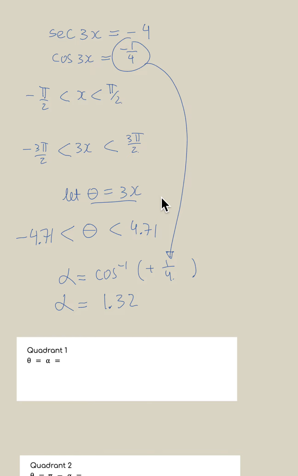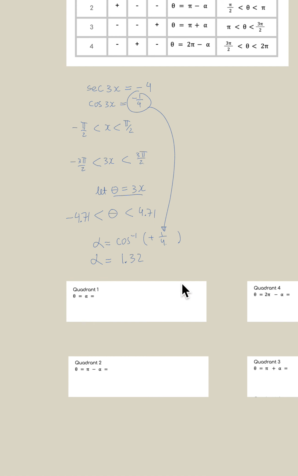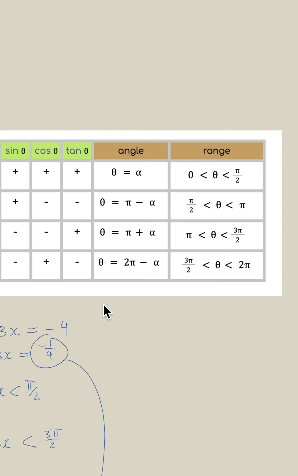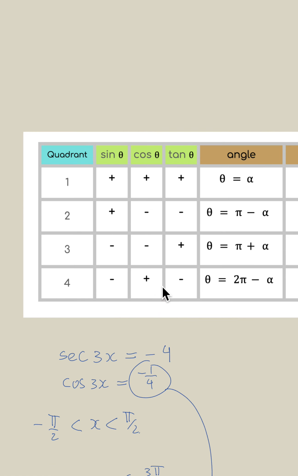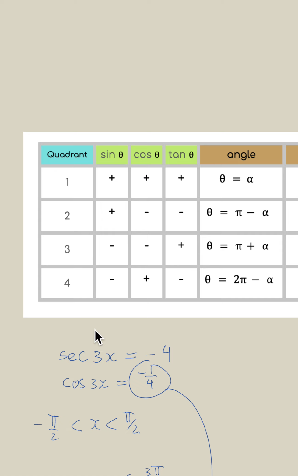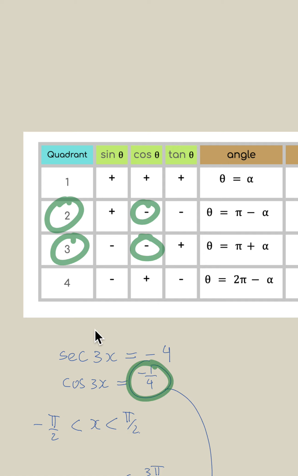Next, out of the 4 quadrants, we need to choose 2 of them. Which ones do we choose? We use this table here. Since the value of the cosine is negative, we must choose quadrants 2 and 3, because these 2 quadrants produce a negative value of cosine.